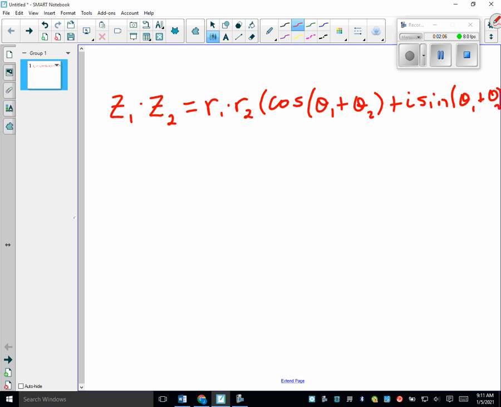That's the official definition. All you're going to do is multiply the r's and add the angles when you multiply the numbers. There's no reason to let it upset you.